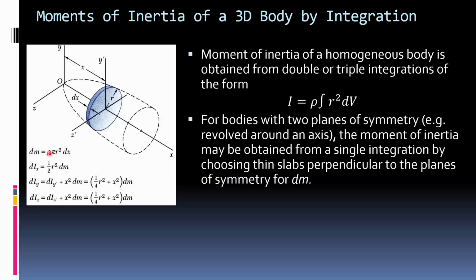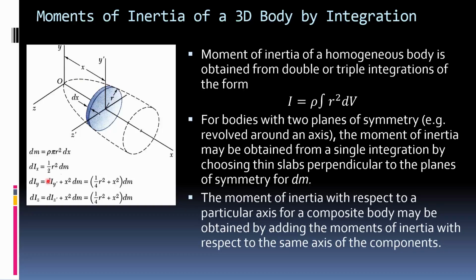So dm is rho times the area times its thickness. The thickness of this thing is just dx. It's just a little thin slab. And so you can go through and integrate that out to figure out the moment of inertia of this three-dimensional body. Again, for a pretty specialized case when it has two planes of symmetry.